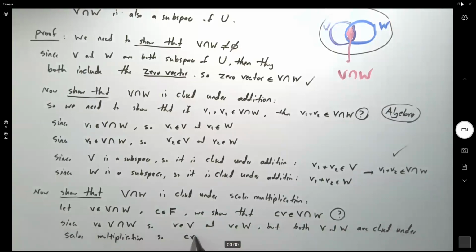So CV belongs to V and CV belongs to W. So you can conclude that CV belongs to the intersection.